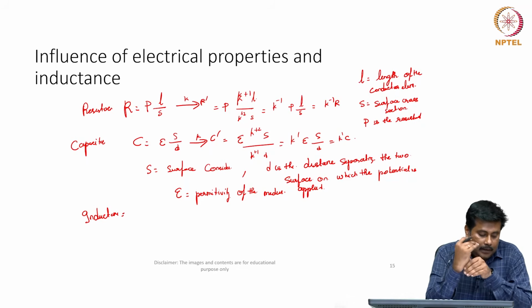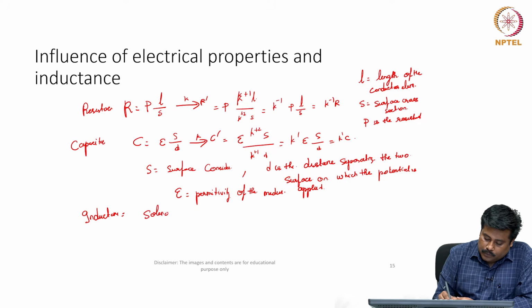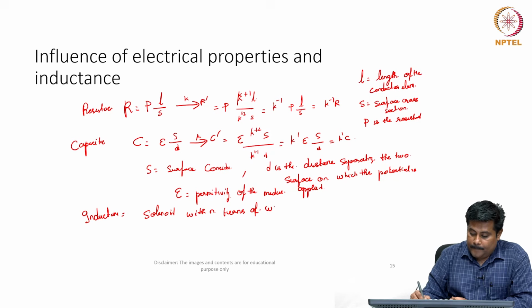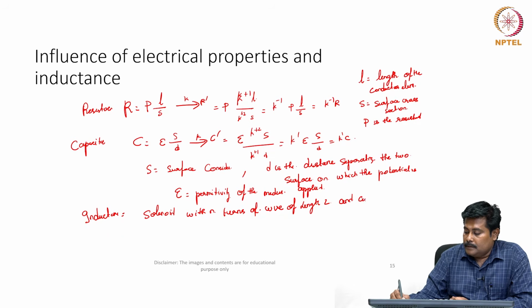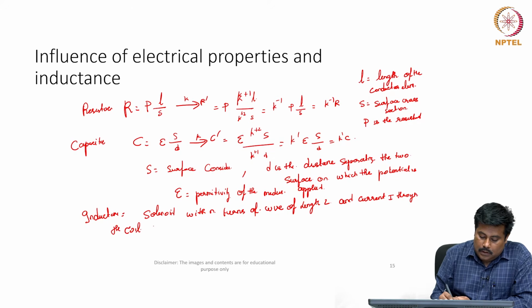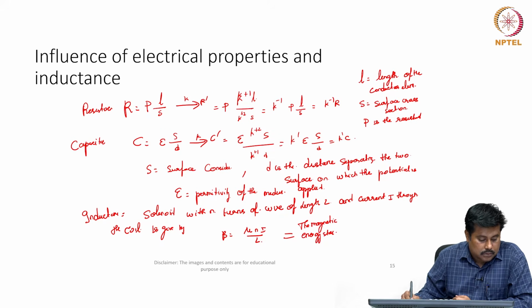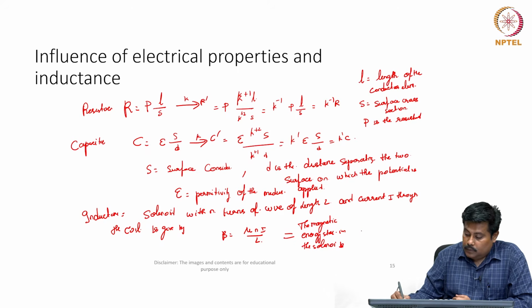So when we consider a solenoid with N turns of wire of length L and current I through the coil, the field is given by B equals mu N I by L, and the magnetic energy stored in the solenoid is E equals B squared by 2 mu.